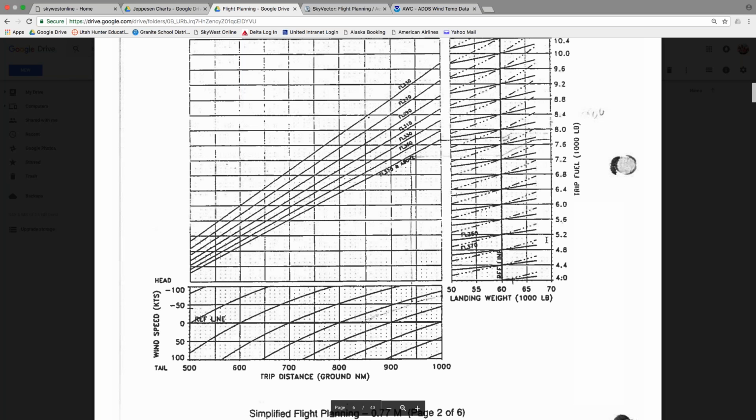We take that straight over to our fuel box. Now in our fuel box, we have a solid line and then we have this line that's like dash, dot, dot, dash, dot, dot.